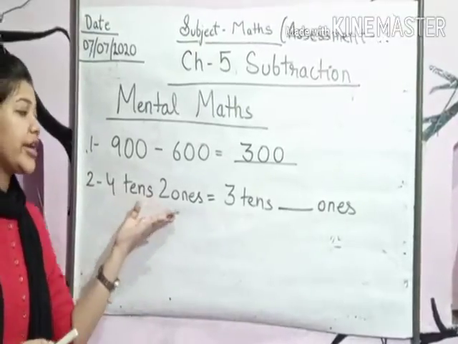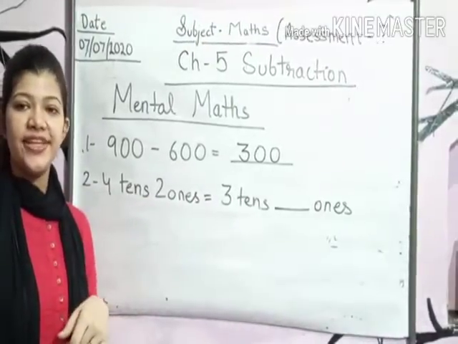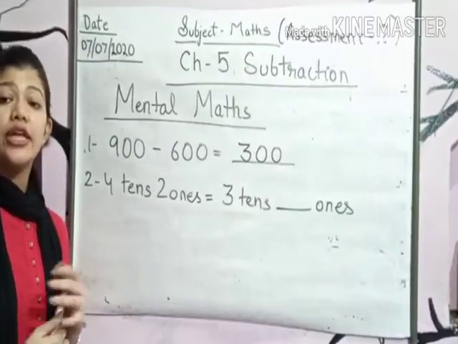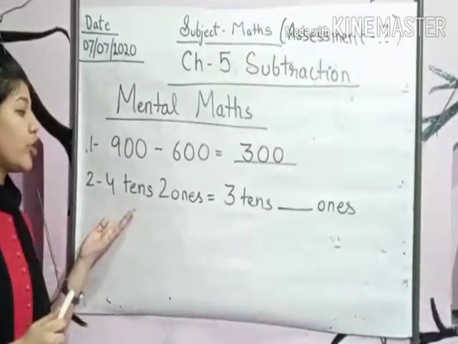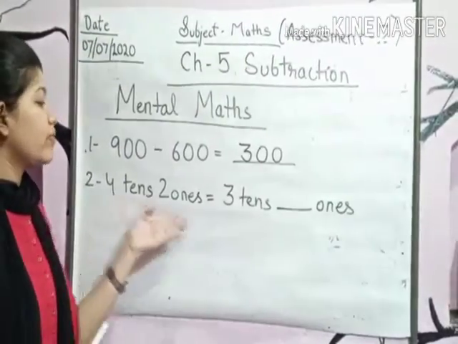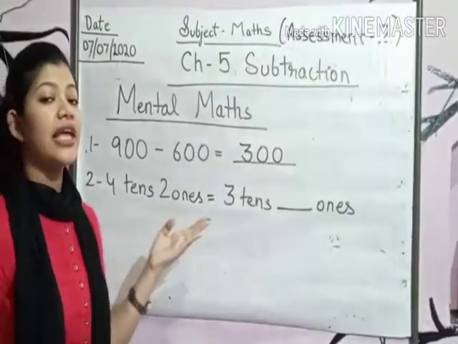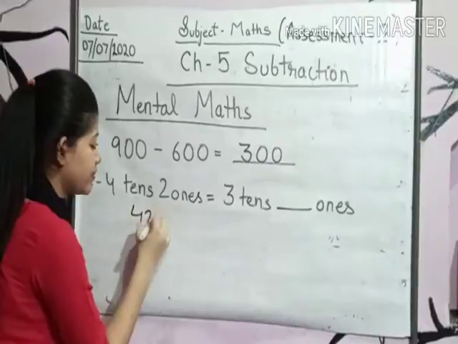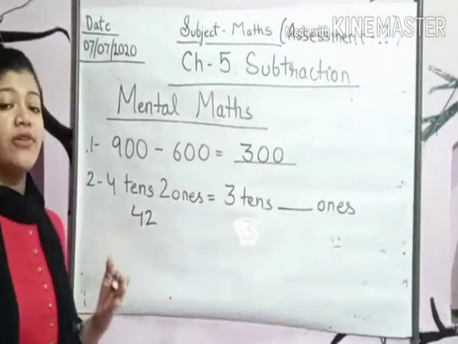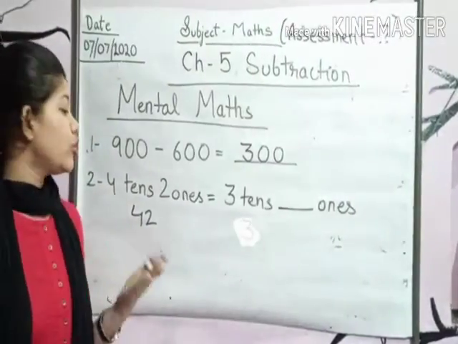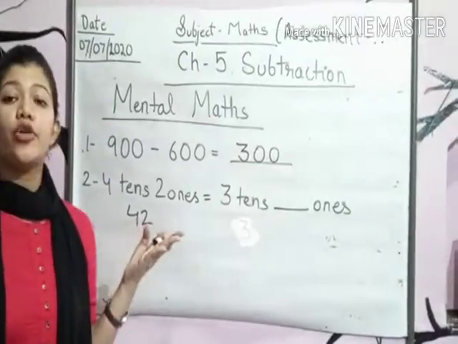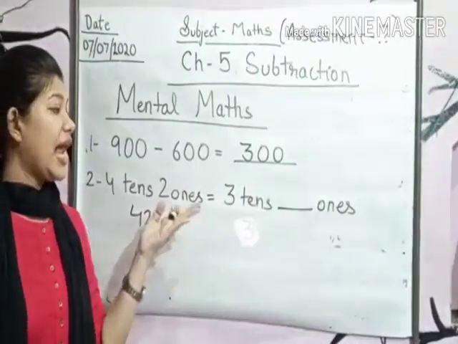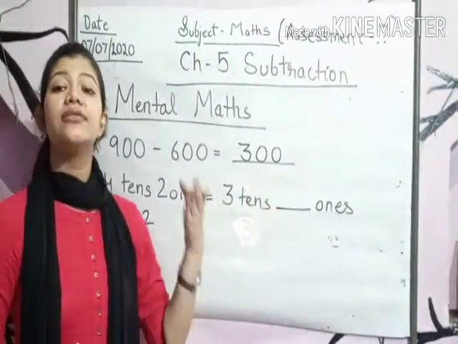You have to regroup these numbers. We have learned how to regroup numbers. 4 tens 2 ones can be written as 4 tens and 2 ones. How much should we add more to find the number 42? We will add 12 ones more.